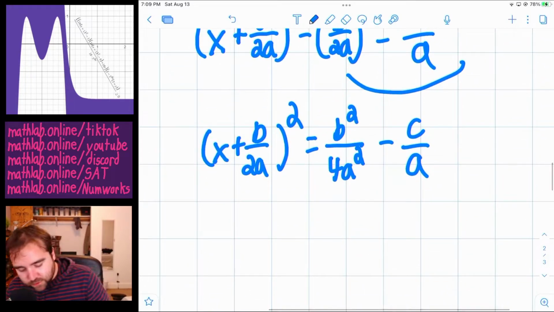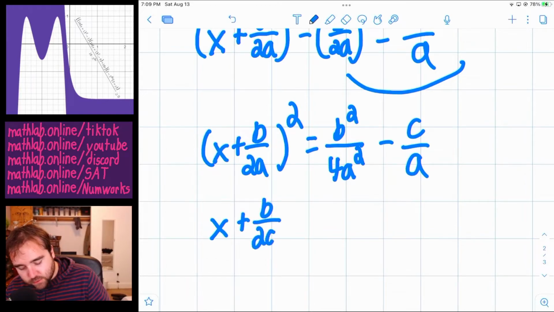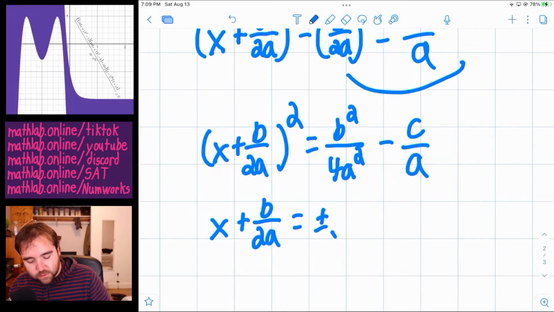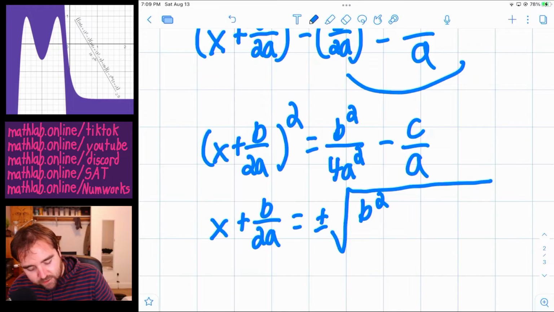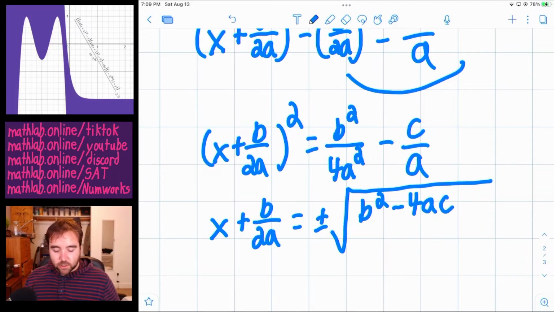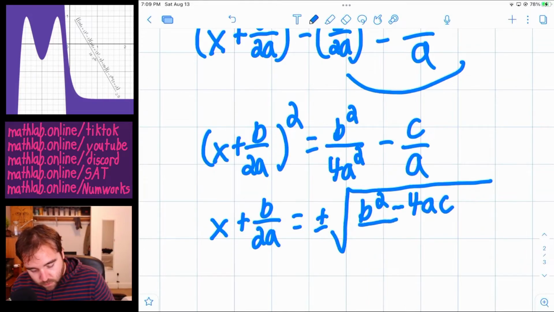So we're going to square root both sides, and we're going to combine those into one fraction at the same time. So that's x plus b over 2a equals plus or minus the square root of this big fraction. So this is already good. But then to find a common denominator, we have to multiply this c by 4a. So that's going to be minus 4ac. And then all of that over 4a squared.